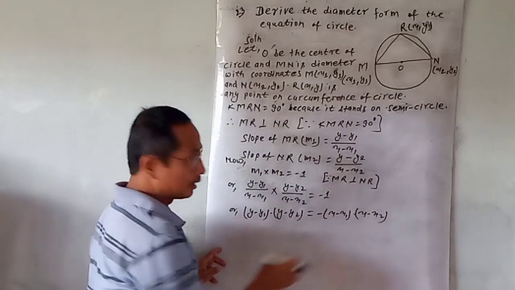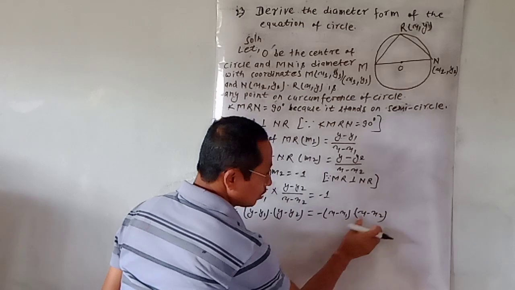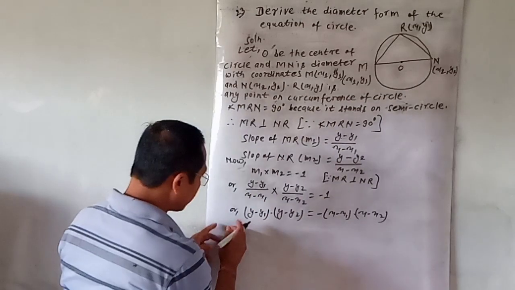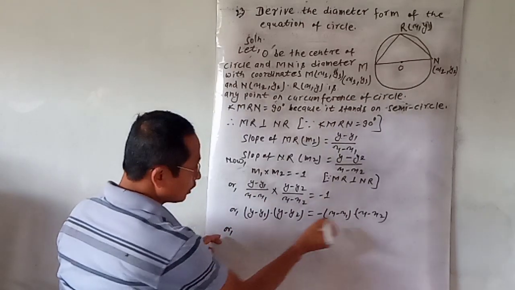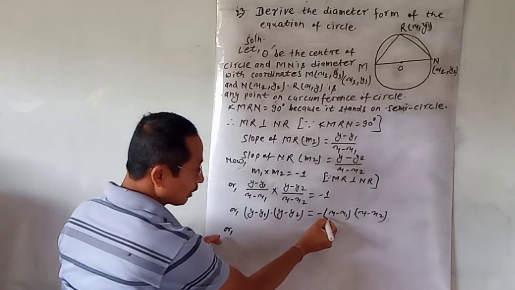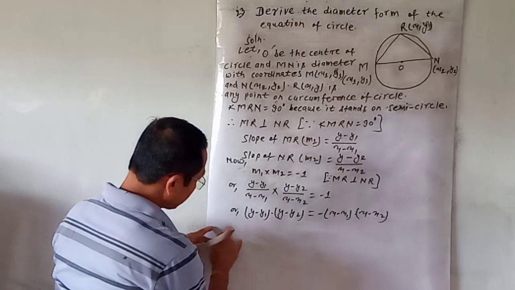Now we change the side. We bring this (x minus x1)(x minus x2) to this side, then the minus changes into plus.